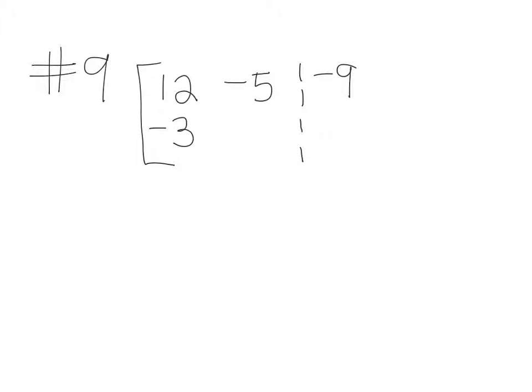The augmented matrix would be a bracket, just the coefficients of the x and then the y and then the number, which is going to be 12, then minus 5, the number is negative 9. I'm going to put dotted lines here, and then the negative 9 on the right. And then for the second row, it should be negative 3, 8, and then 10. So that's the answer for number 9.